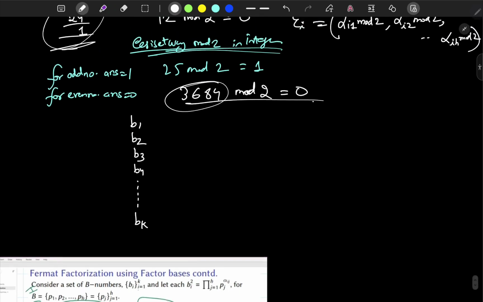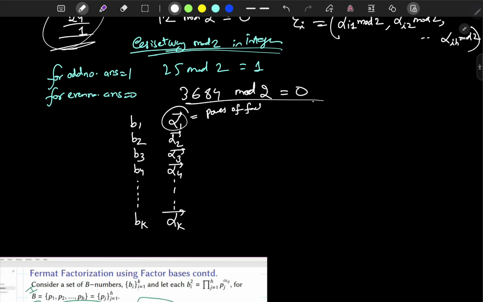For B1 we have the corresponding alpha 1 vector, alpha 2 vector, alpha 3 vector and so on up to alpha k vector. An alpha vector denotes the powers of the factor base for that B number.